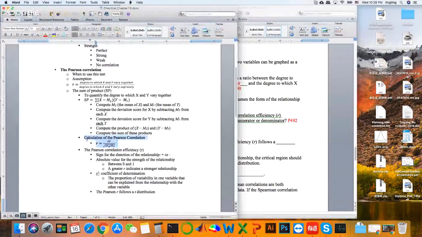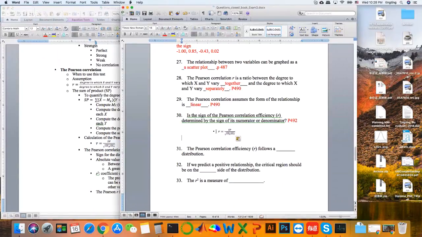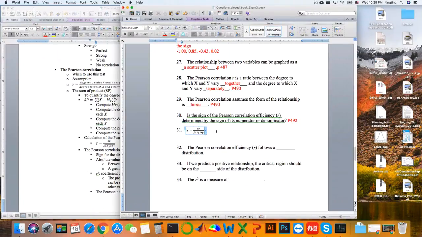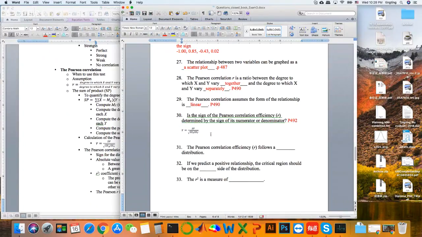As this. We know for the Pearson correlation R, we can have either a positive number for a positive relationship or a negative number for a negative relationship, right? So it means its sign can be either positive or negative.